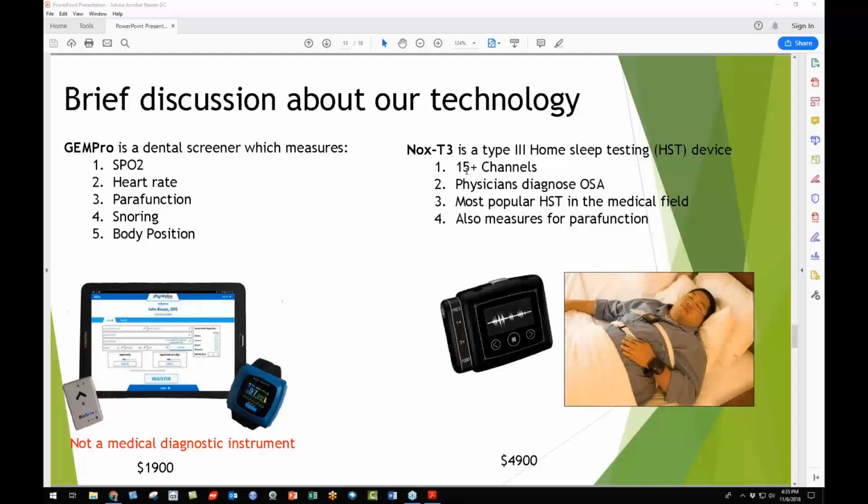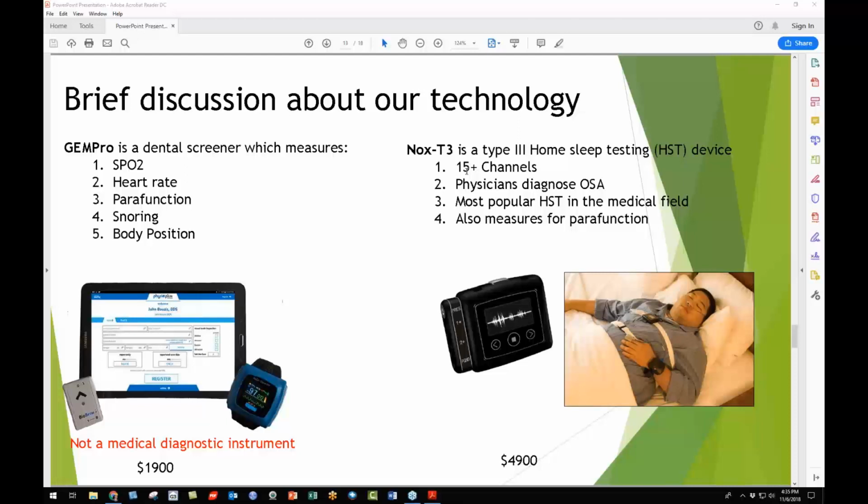And if we can treat the patient and not put as much pressure on the mandible, it's less likely to exacerbate some side effects that we have to deal with. So the Gem Pro is a dental screening device. I think of it as an oximeter that does snoring and parafunction and body position. The price is $2,000.